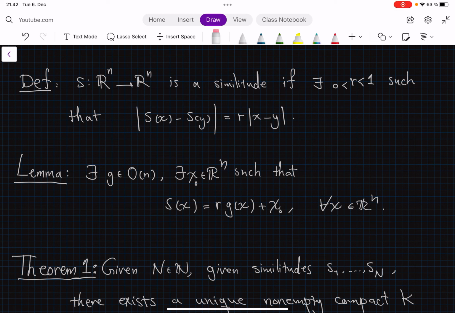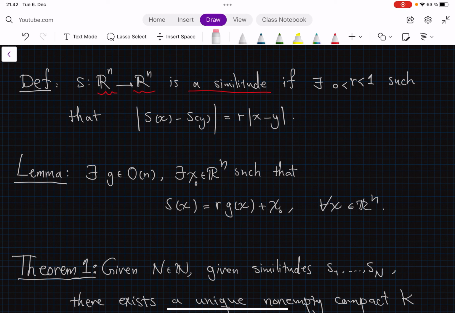First of all, we define a similitude to be a map from a Euclidean space to another copy that scales the distances by an exact factor of r, where r is strictly less than 1. So in particular, it's shrinking.